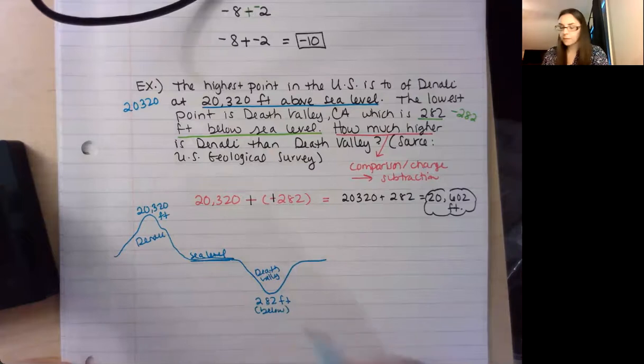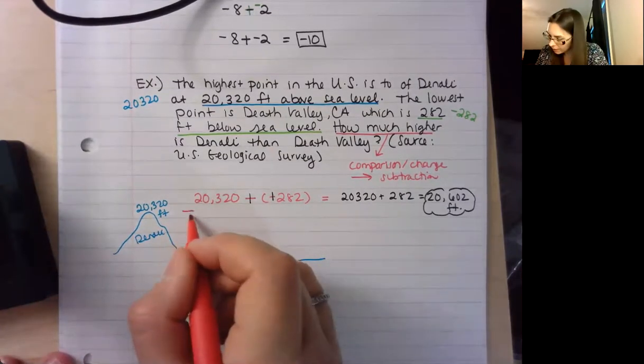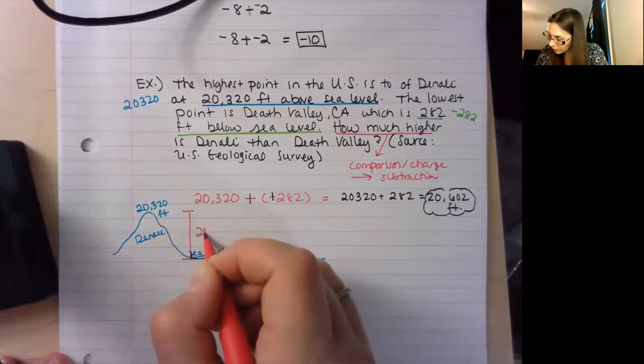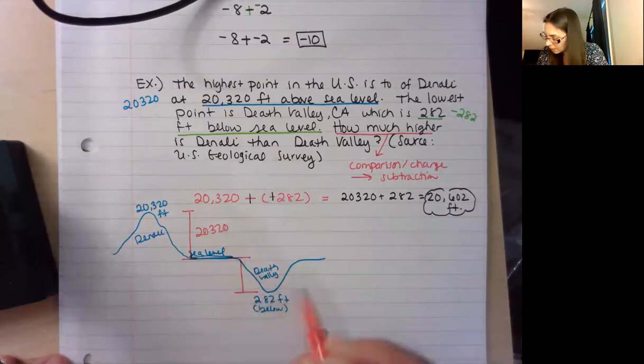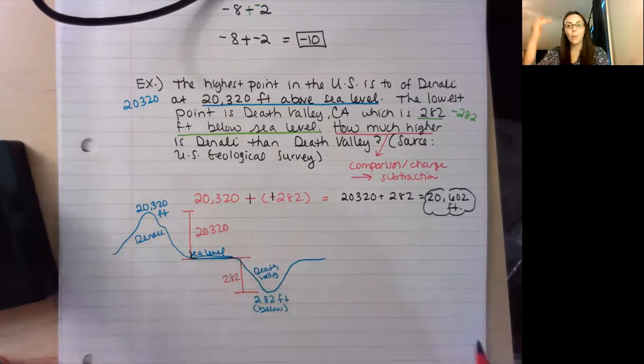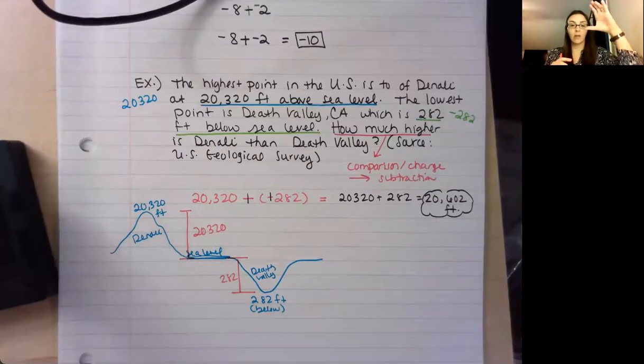And it is 282 feet below sea level. So notice what's happening is you have a distance of 20,320 feet there, and then you have another distance of 282 feet below sea level, or like underground. So even though you have a negative idea here, when we look at the distance it is positive. You're taking that 20,000 on top and that 282 on bottom, and you're adding them together.